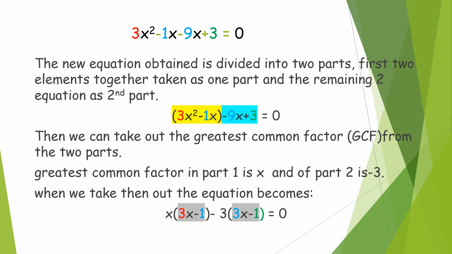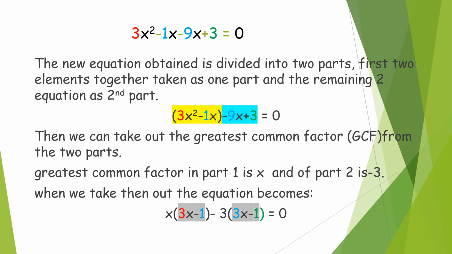So the equation is divided into two parts, that is 3x squared minus 1x becomes one part, minus 9x plus 3 becomes a second part, equal to 0.